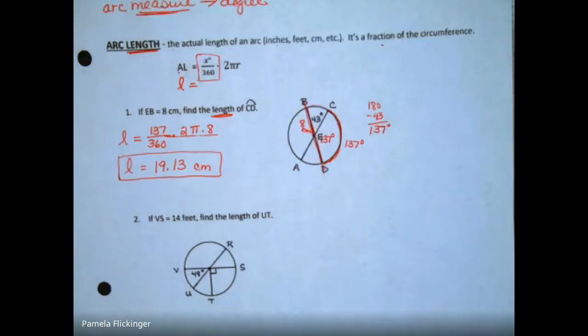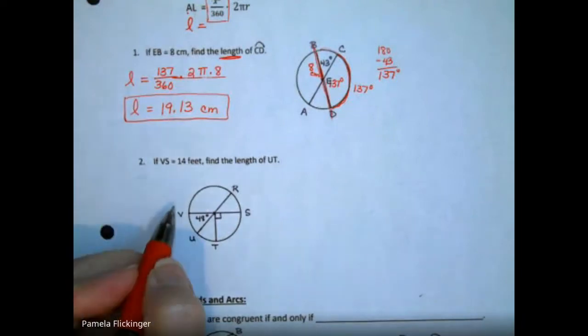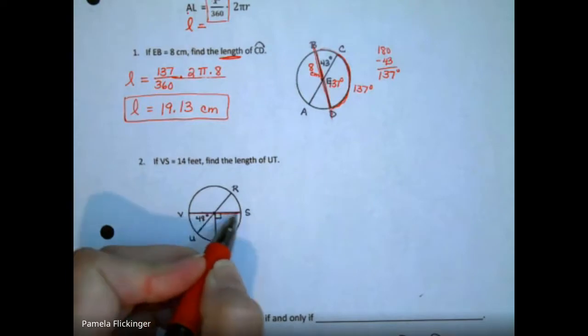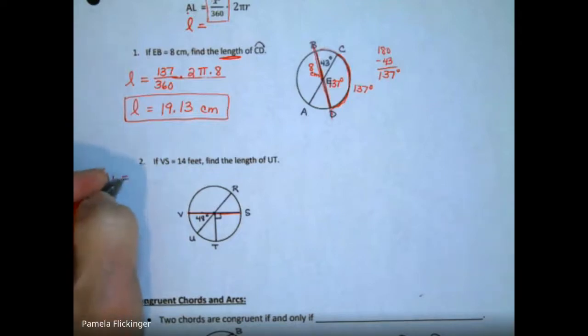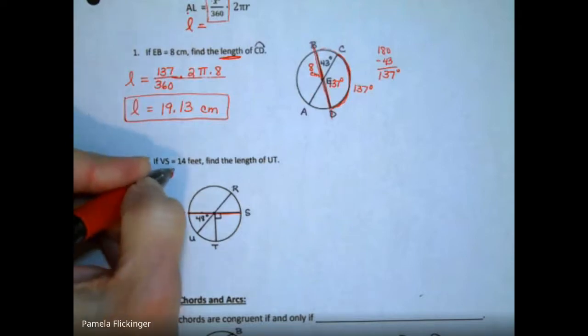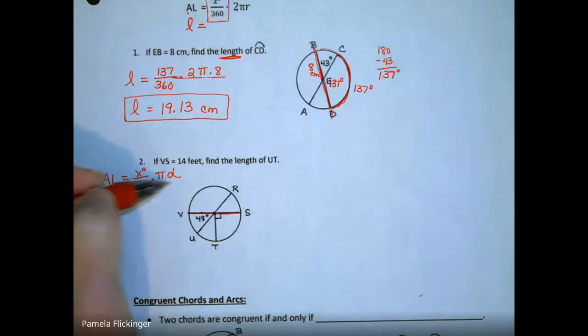Let's look at number 2. It says if VS equals 14 feet, well, V to S is a diameter, right? Now remember, another formula that we could use is really x over 360. If you don't want to use 2 pi r, you could do pi times diameter, because this is also a circumference formula.